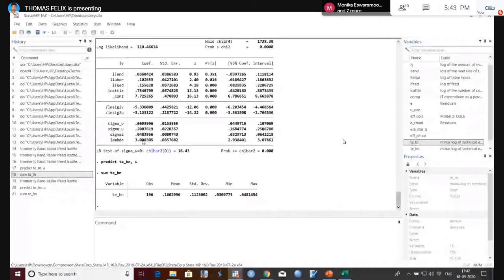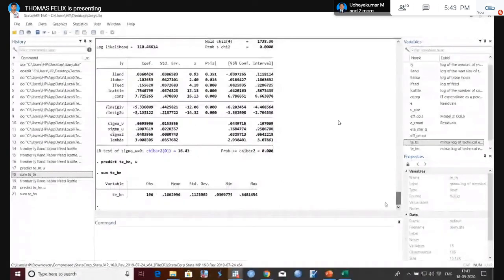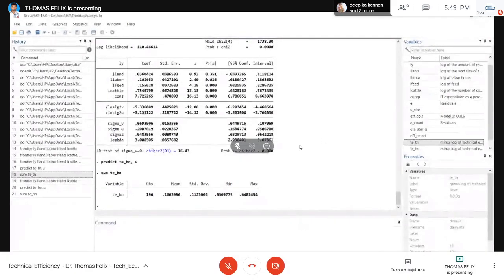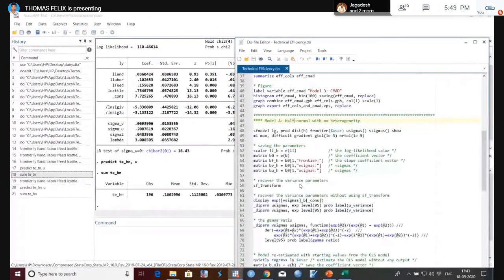So this is the three cases. We can use the menu driven option itself. Other things do not have menu driven options, but the distribution approach has menu driven. But using the command, we can also derive the distributional approaches. For example, I am deriving the half normal distribution using the SF model, that is the stochastic frontier model.